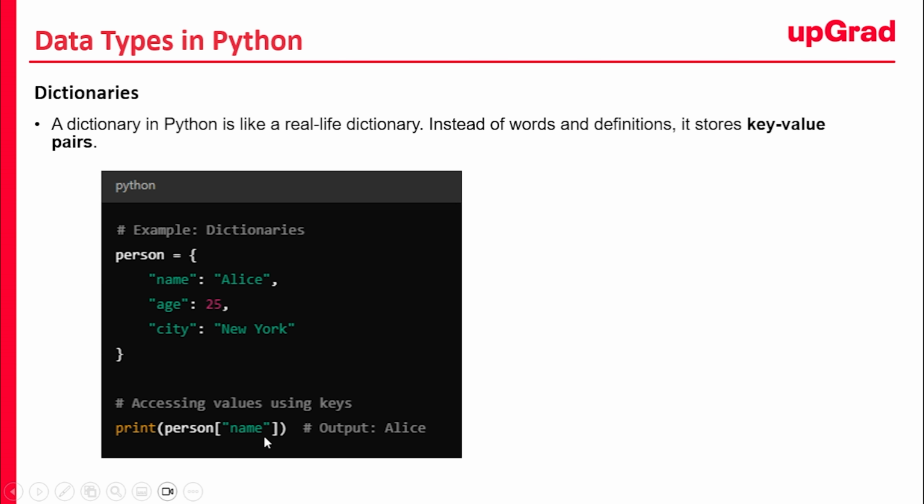Now when I call one element of this dictionary, say name, it will give me just that part and not display the entire thing. The curly braces over here are used, right? So dictionaries are defined using curly braces. That's one key element to it, right?